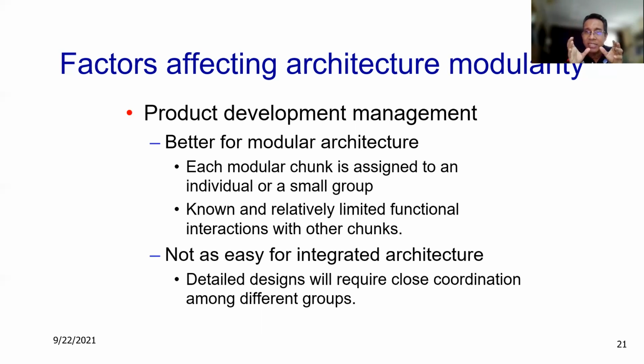But for the integral architecture, they need less planning and specification during system level design, but they require more on the integration part, because they combine all these functional elements. They need more people to do integration, conflict resolution, and coordination during the detailed design phase. That is very important in the integral.